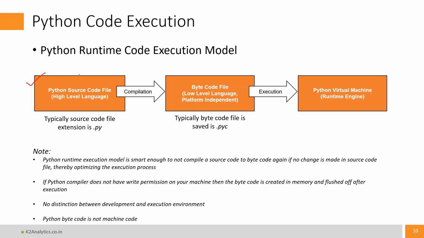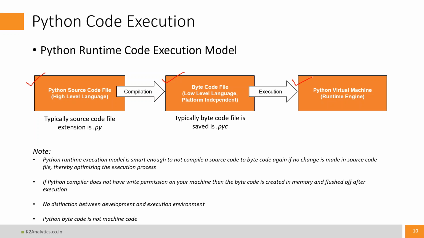When you compile it or when you run it, a bytecode file, a low-level, platform-independent language, is created. And that gets executed in the Python virtual machine, which is the runtime engine of Python.